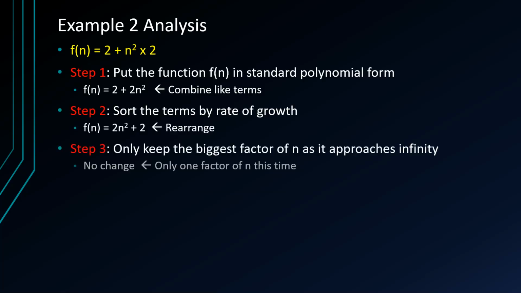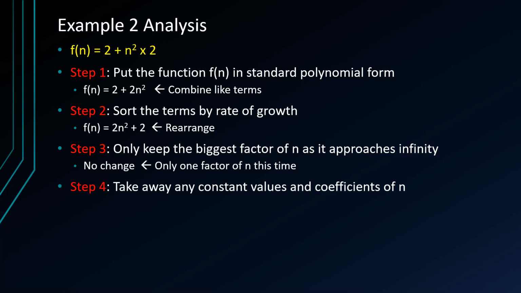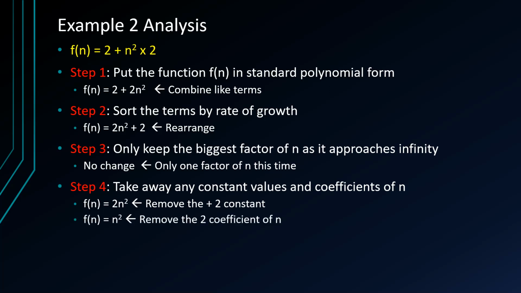There we go. So the first thing we're going to do is get rid of that plus 2. So we have 2n squared, but that's because we removed the plus 2. That's a constant value, gone. But we still have a coefficient of n, and that's that other 2. So we have to remove that, because both of those are insignificant as n grows to infinity. I know it's counterintuitive. You're like, but it's doubling.